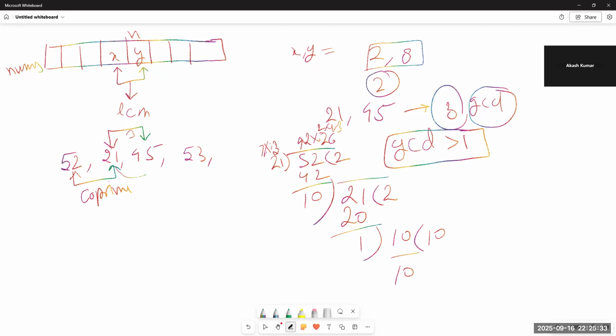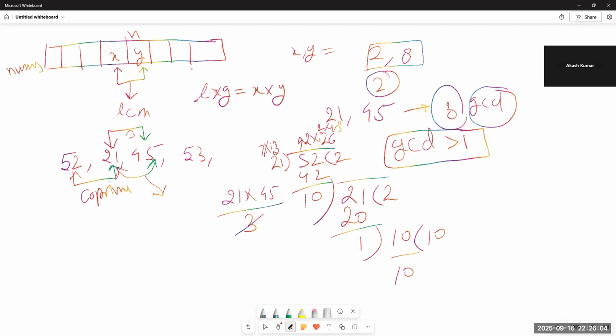So we will replace these two numbers by their LCM. What will be their LCM? LCM times GCD is equal to the multiplication of the numbers. So LCM will be the multiplication of the numbers divided by the GCD, that is 3.